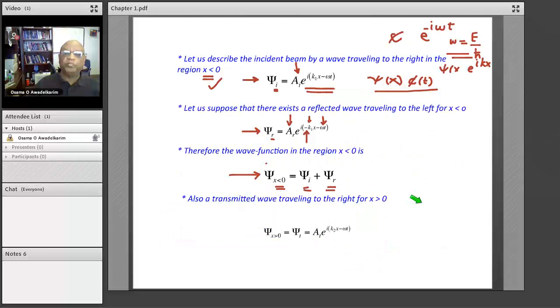The propagation is again from left to right. So my transmitted wave, the wave on the right-hand side, x larger than 0, t for transmitted, is equal to A_t, which is the amplitude, times e^(i(K2 x minus omega t)), now using the wave number K2.